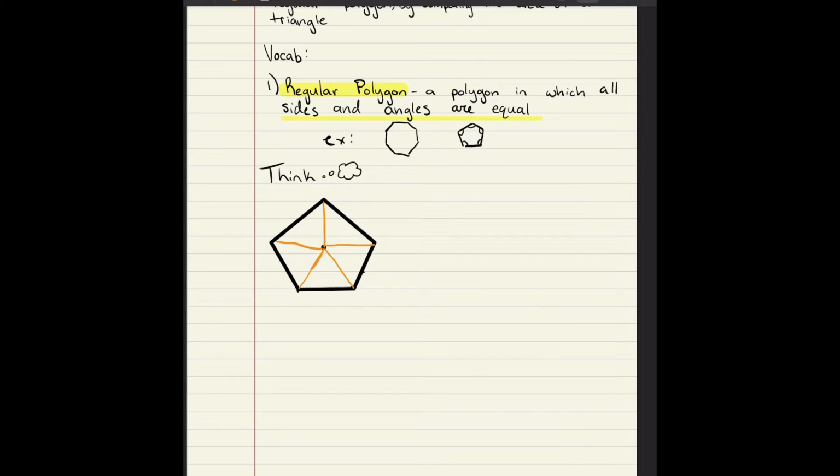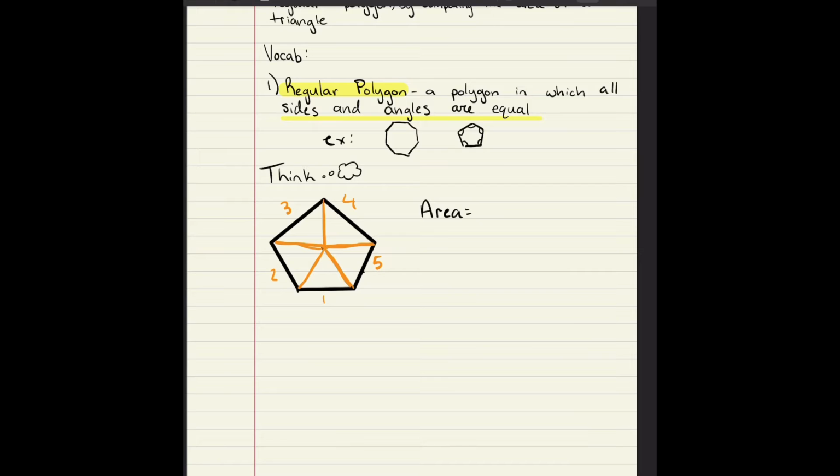So a polygon is just made up of small triangles. So now I have 1, 2, 3, 4, 5 triangles within my polygon.